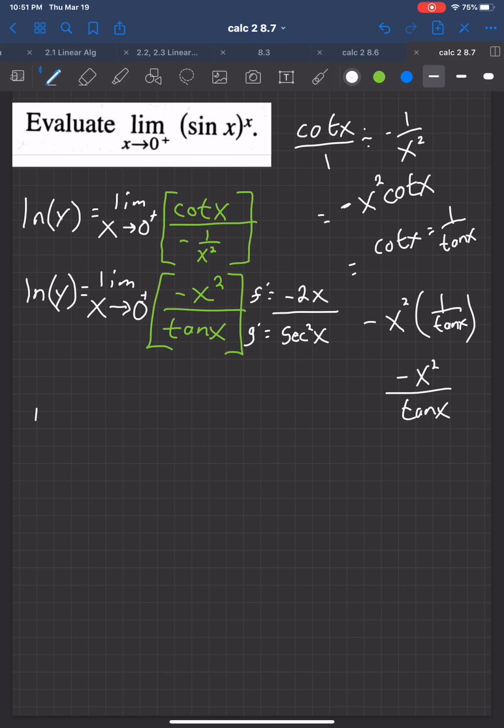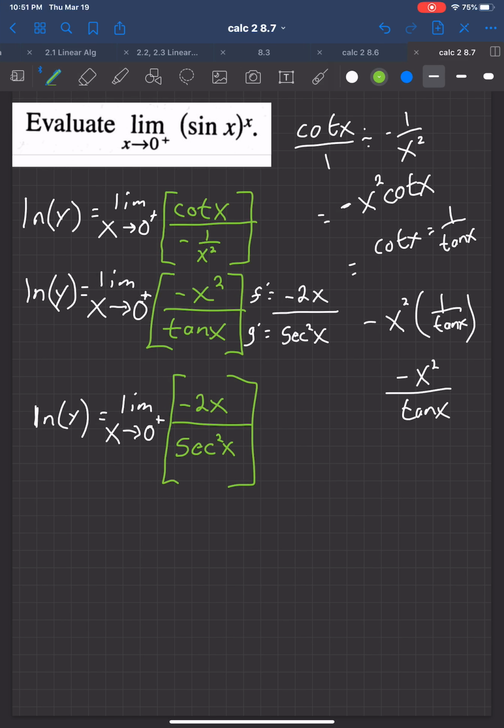So let's rewrite everything. So I now have ln of y is equal to the limit as x approaches 0 from the right of negative 2x over secant squared. All right, well, what happens if I evaluate the limit now? Well, negative 2 times 0 is 0.